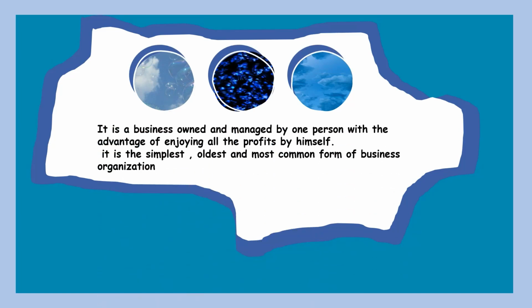It is a business owned and managed by one person with the advantage of enjoying all the profits by himself. Sole proprietorship is the simplest, the oldest, and the most common form of business organization in the world.